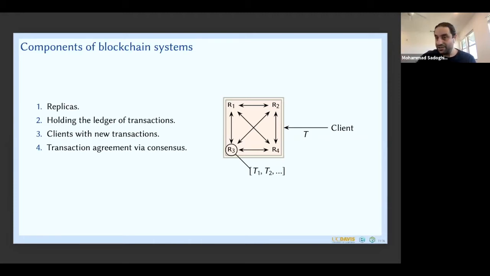So it does create an order, but that order is more relaxed because it doesn't say anything about things that are non-conflicting. For example, if T1 and T2 are non-conflicting, and the system was serializable, it was okay if replica R1 had T2 followed by T1 and R3 had T1 followed by T2. That's okay under serializability.